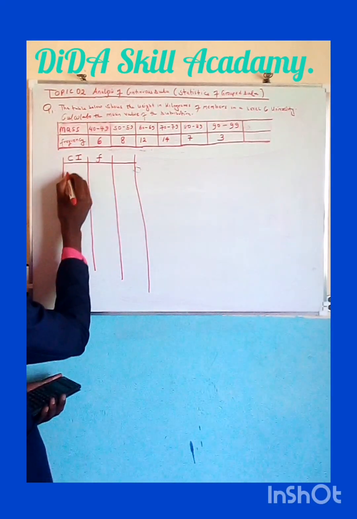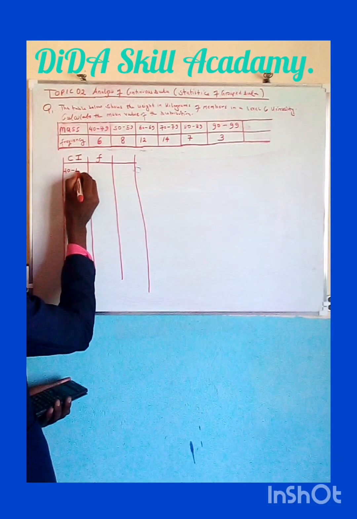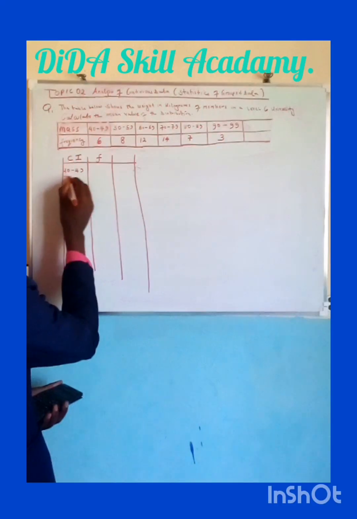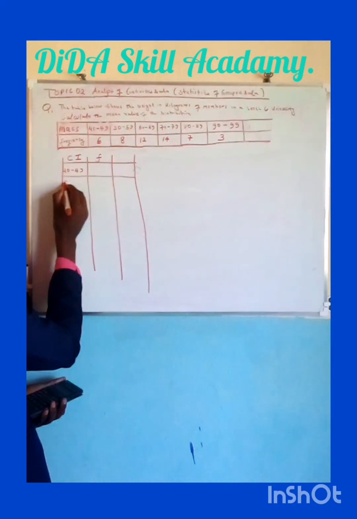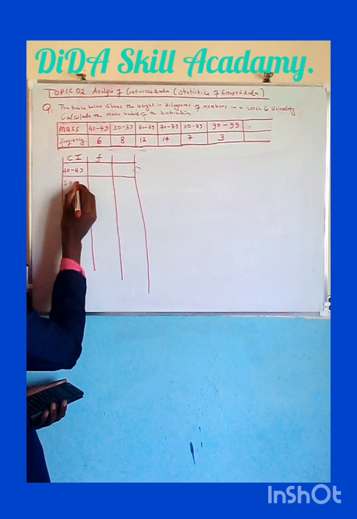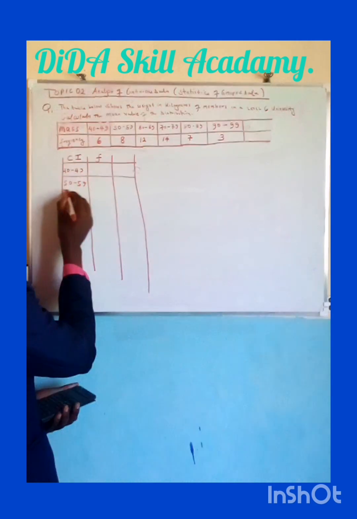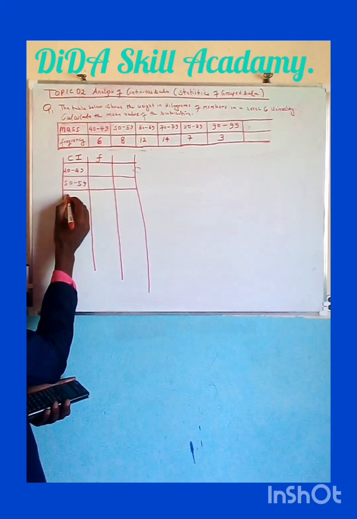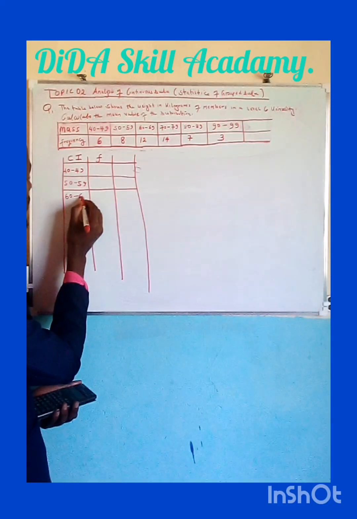So the first class interval is 40 to 49. The second is 50 to 59. The third is 60 to 69.